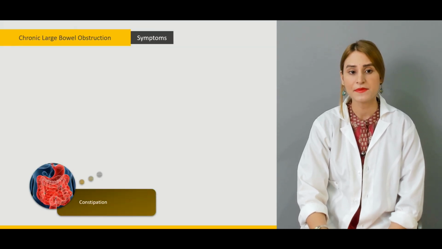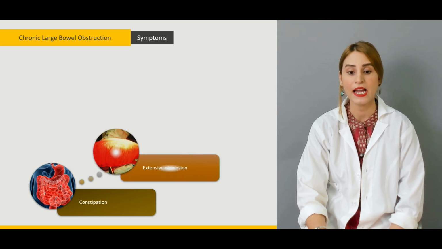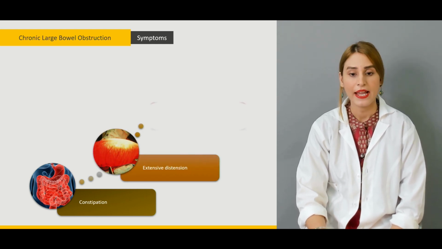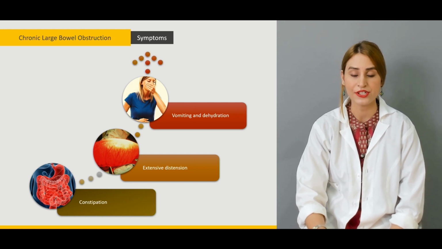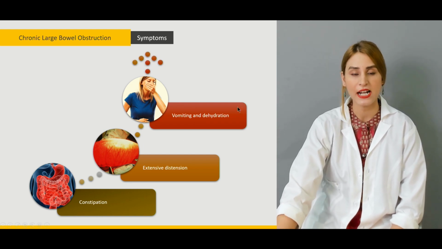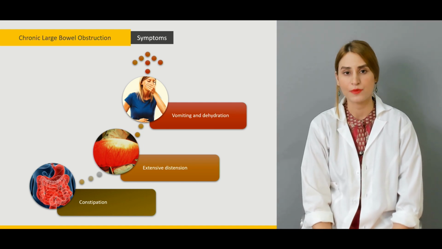What would be the symptoms in case of the chronic large bowel obstruction? Constipation, extensive distension, alternating bowel habits, vomiting and dehydration. Although vomiting and dehydration are not so pronounced in chronic large bowel obstruction.